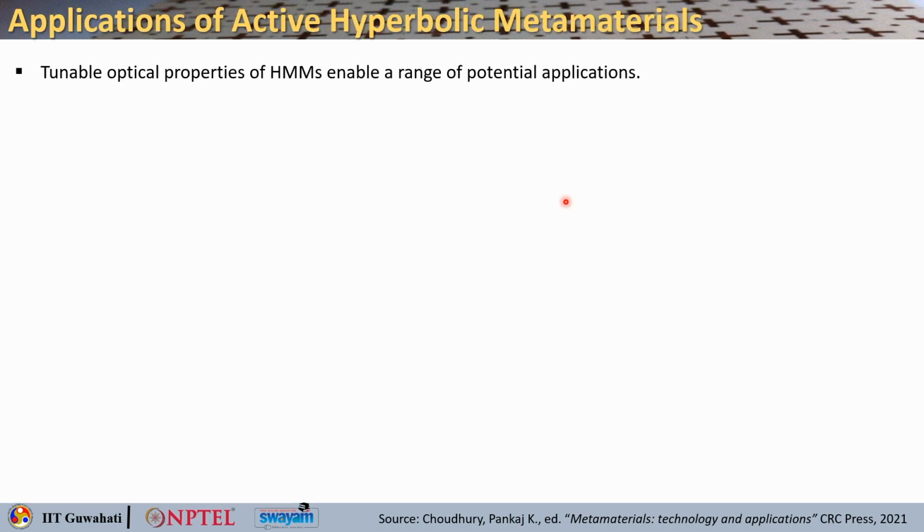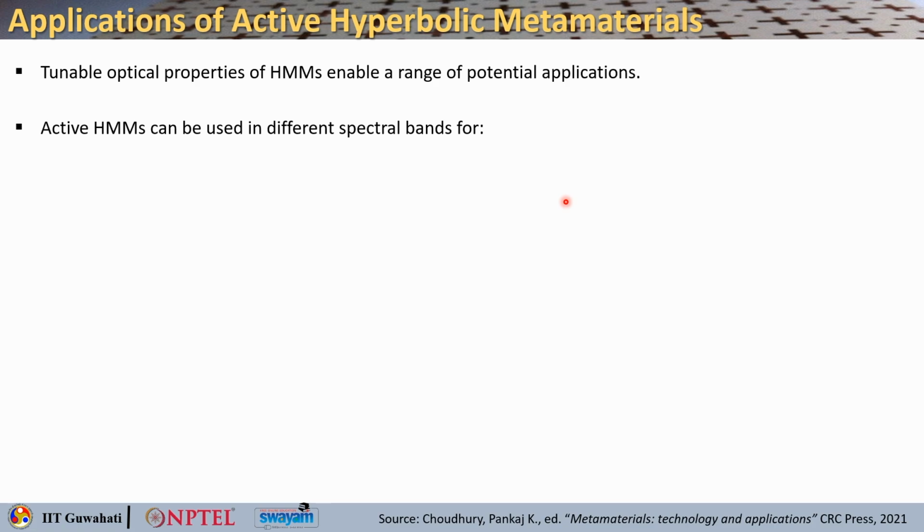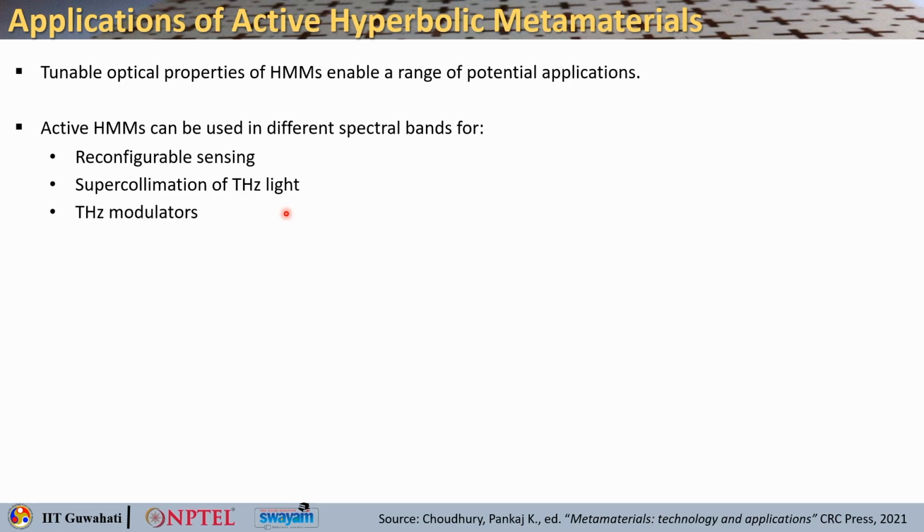Okay. Tunable optical properties of hyperbolic metamaterials enable a range of potential applications which we will briefly see in this lecture. So, active hyperbolic metamaterials can be used in different spectral bands. They can be used for reconfigurable sensing, they can be used for supercollimation of terahertz light, useful for terahertz modulators. So, we will take up some of these examples.